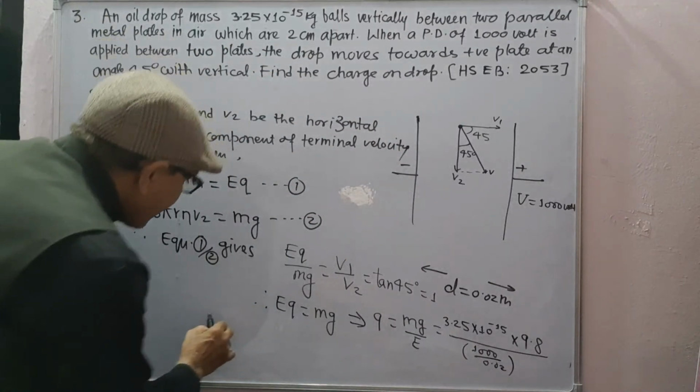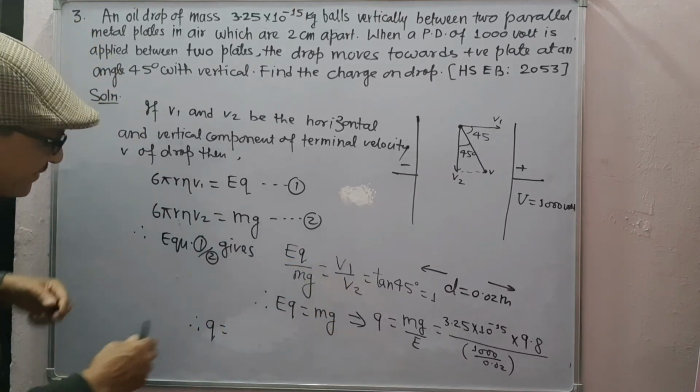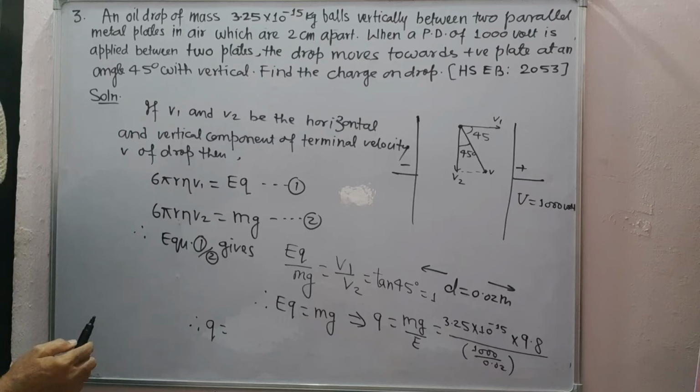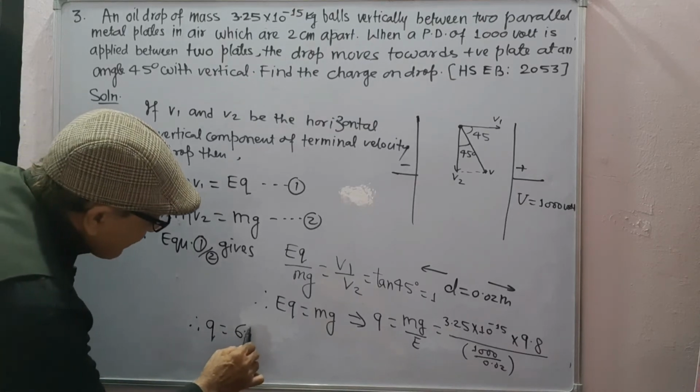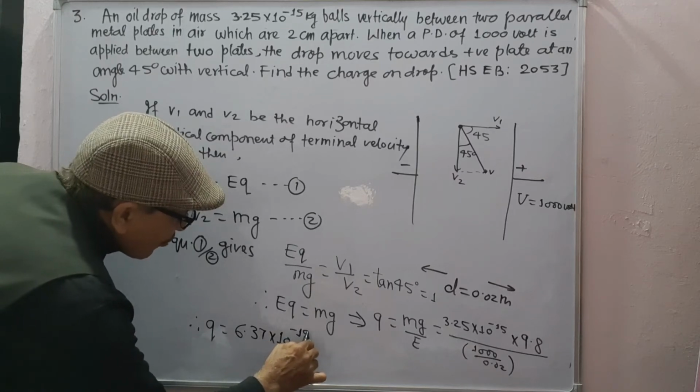So, on simplification we get charge on the drop as 6.37 into 10 to the minus 19 coulomb.